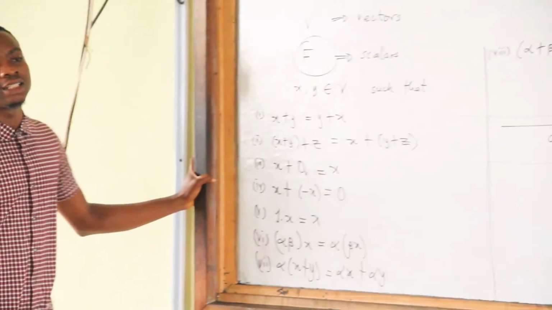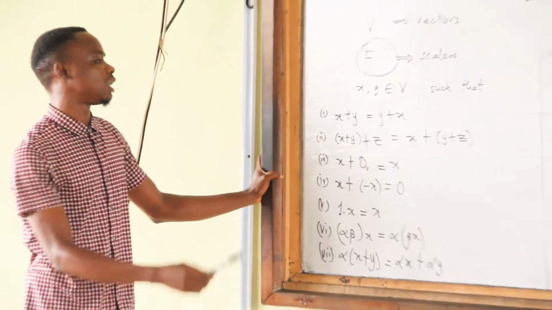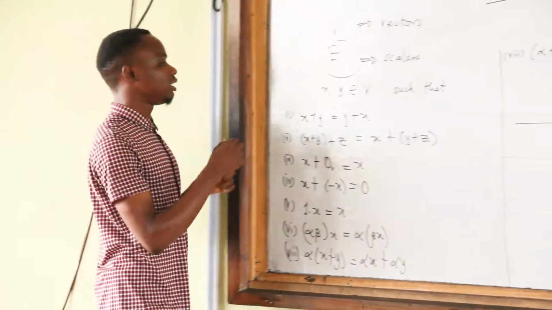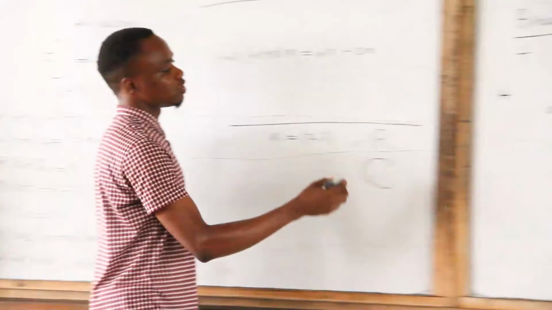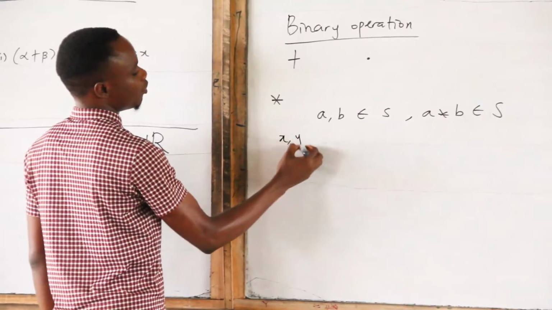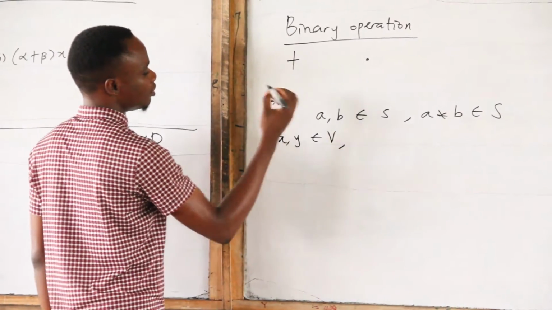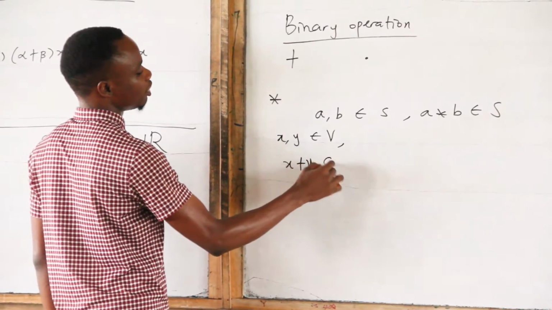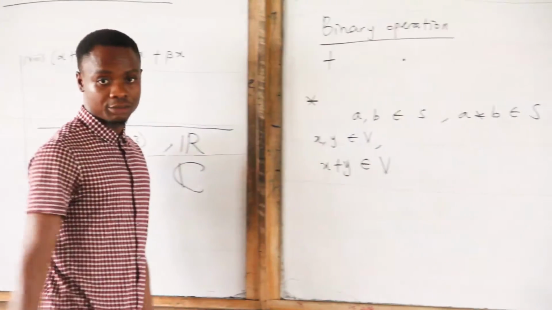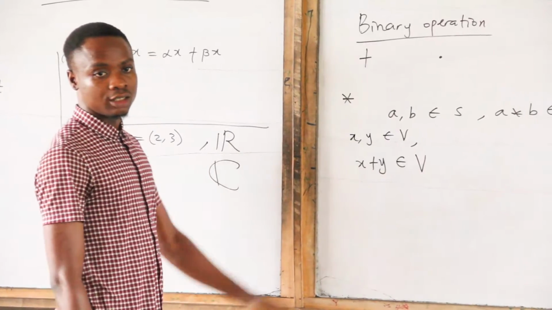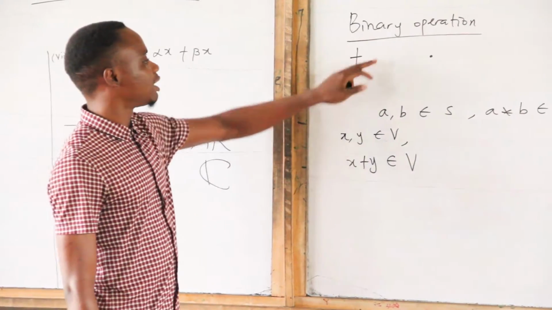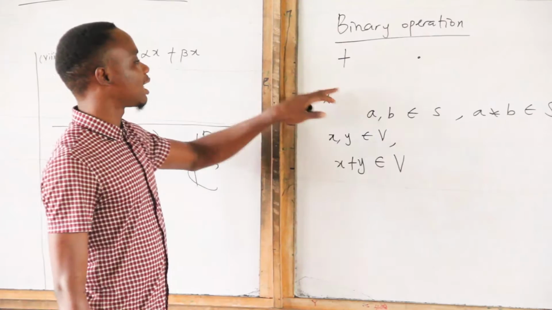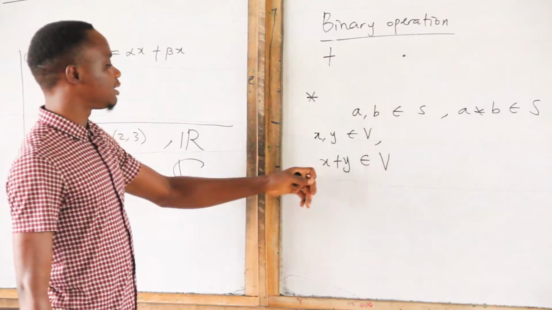If it is closed under addition and scalar multiplication, then one of the implications is that if I have x, y elements of V, I should have x plus y also an element of V. That means that if I pick any two elements and carry out this operation on them, I should get these results.